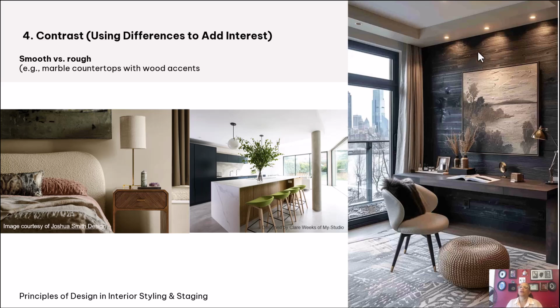This one's really nice too. So again, I have this wood wall, and when you're dealing with texture, again, lighting is super important. I have these wall grazers that are above the wood wall, and they're enhancing this texture, not only the texture in the wall, but the texture of the photograph. But then in addition, I have the texture of this cushion. I have the texture of the rug. I have this fluffy pillow.